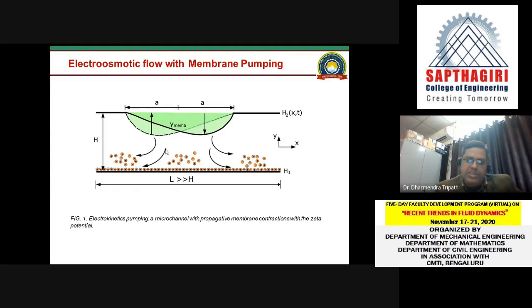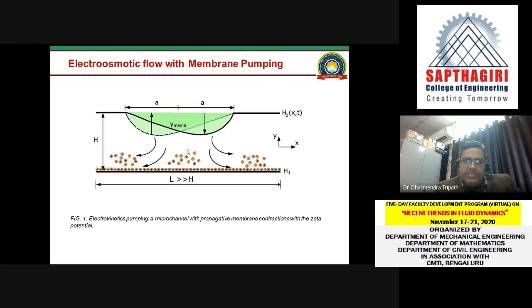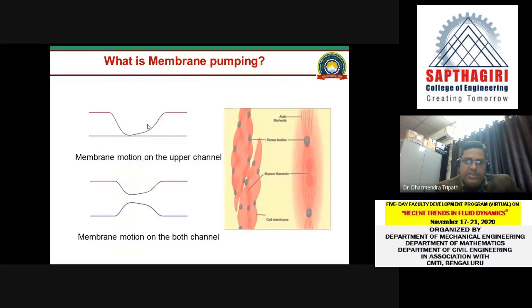This is the geometry of my model, and we have formulated the equation for propagation of membrane contraction. We designed one equation in this form, which I have shown. This is just like a contraction.